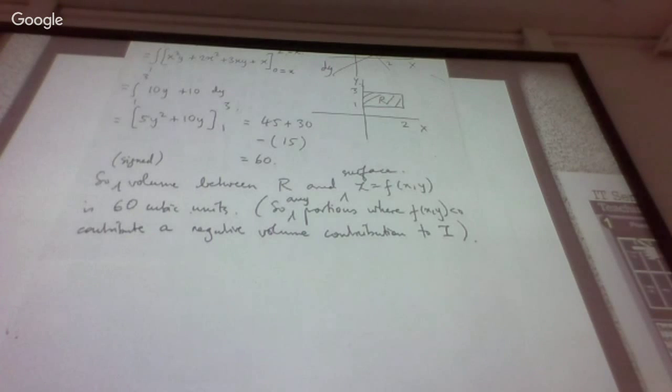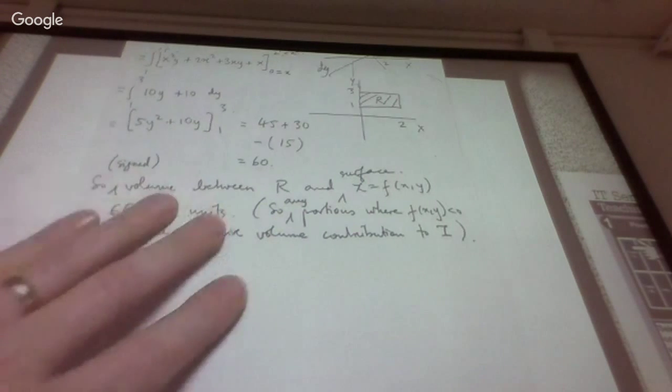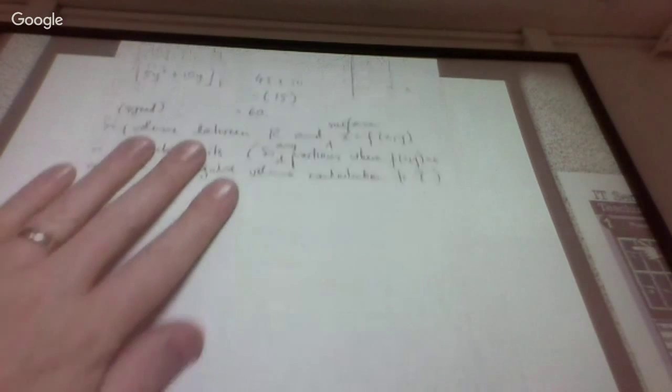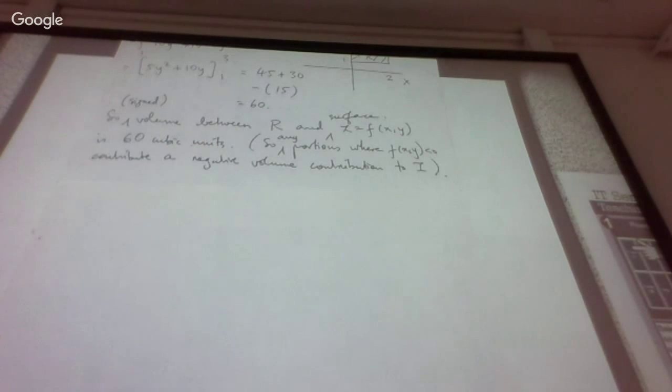Now, just while we're on this example, there's nothing special about the order in which we perform the integrals. We had the x integral there as the inner integral, and the y integral as the outer integral. Well, just as valid, we can change the order around.